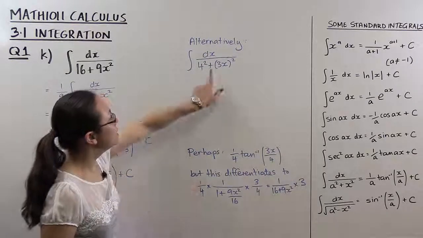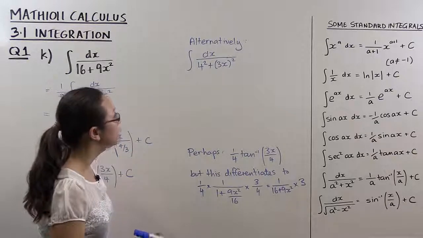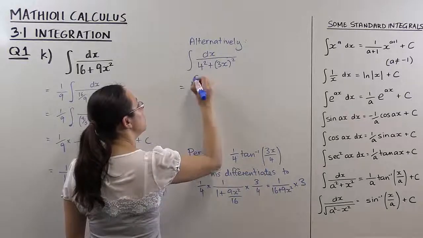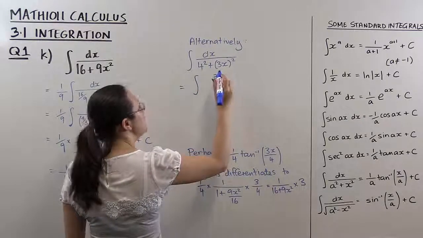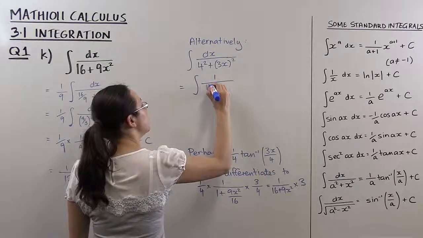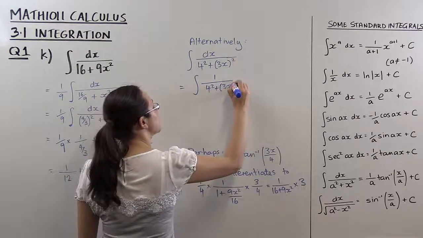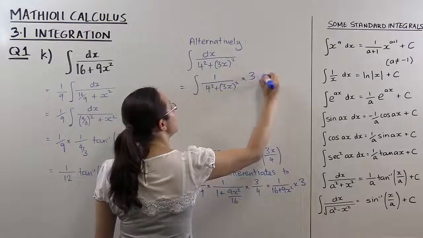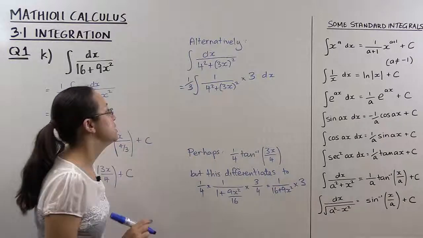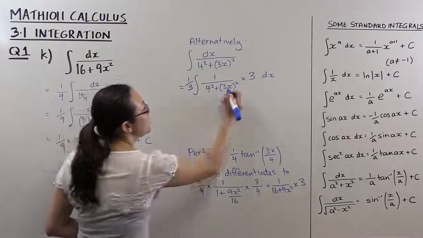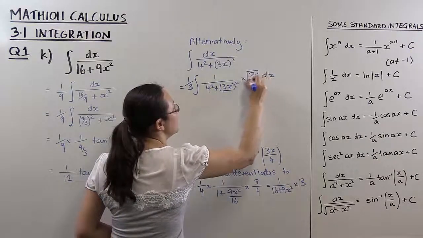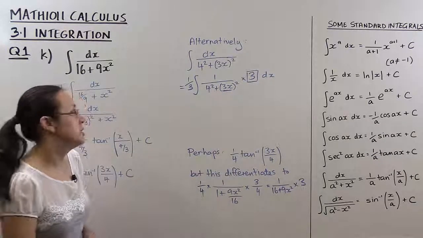So if I wanted to anti-differentiate this in a different way, I could have multiplied by 3. How do I want to write this? I might write it as 1 on 4 squared plus 3x all squared. I could multiply it by a 3 and multiply it by a third, so I don't change the question. But essentially I would need this derivative here sitting there to be able to reverse this chain rule.